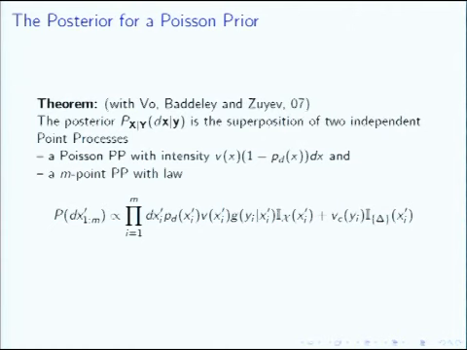One part that will give you an observation, and one part that does not. The part that does not is still Poisson, and the observations tell you nothing about it, and this is its intensity. As you can see, its intensity is modulated by 1 minus the probability of giving you an observation. So a very simple characterization of the posterior for a Poisson prior in the observation model.